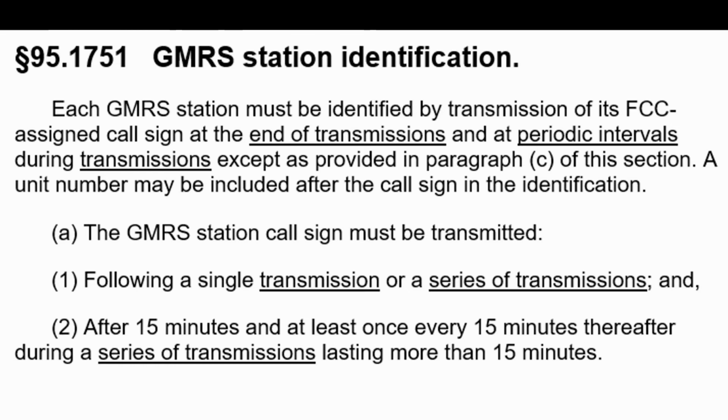So the GMRS station call sign must be transmitted following a single transmission, meaning you only transmit once and that's it, or a series of transmissions, meaning you're having a communication, and after 15 minutes and at least once every 15 minutes thereafter during a series of transmissions lasting more than 15 minutes.